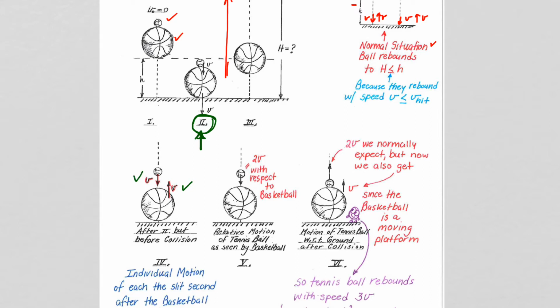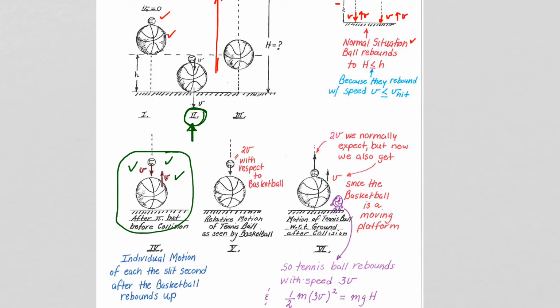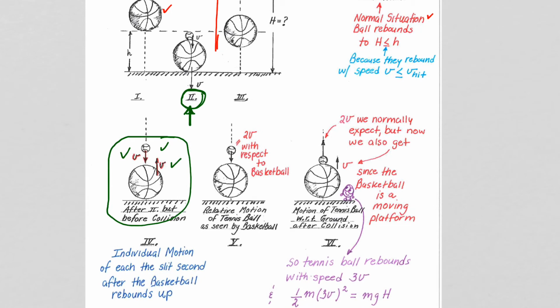The trick to getting the analysis and ultimately the result correct is to start with this condition. The rest of it falls into place pretty readily from what we already know about relative motion and objects leaving moving platforms, because when we look at the motion of the tennis ball with respect to the basketball, going from this to this, this is the perspective with respect to the ground.